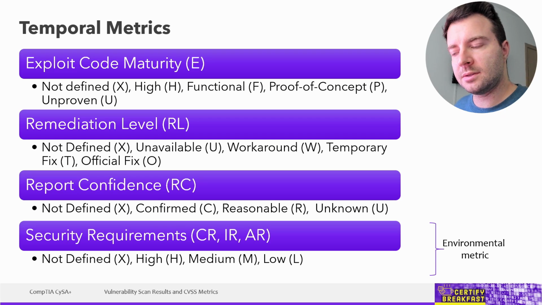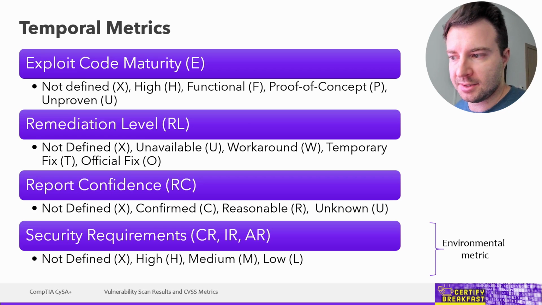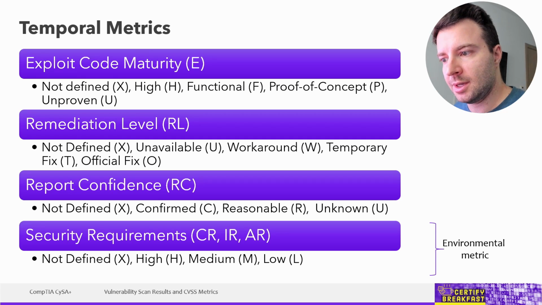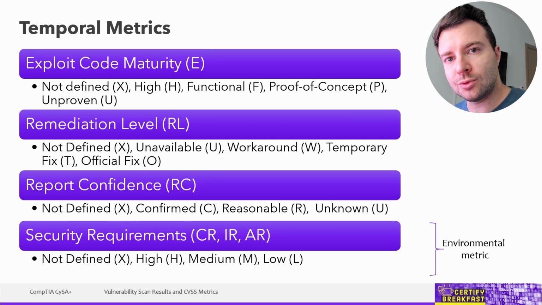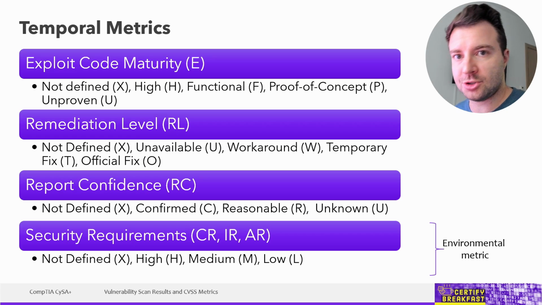And the last one, the security requirements, is actually an environmental metric because they're about fine-tuning. It's basically a way to allow the cybersecurity analysts to customize their own CVSS scores to reflect the importance of the affected IT asset to their own organization, measured, of course, in terms of CIA.